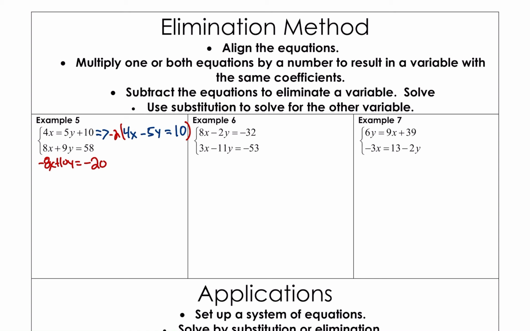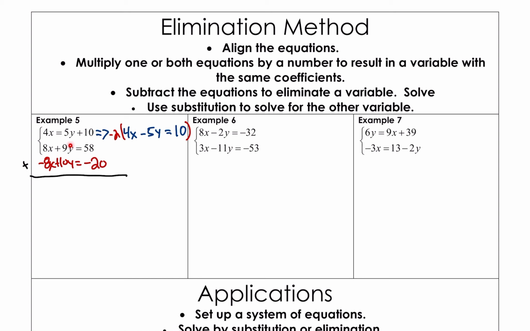And now that I've got my two equations, these coefficients are the same, but they're opposite. I can just simply add these two equations together. So I've got 8x plus negative 8x, which just gives us 0, so the term was eliminated.